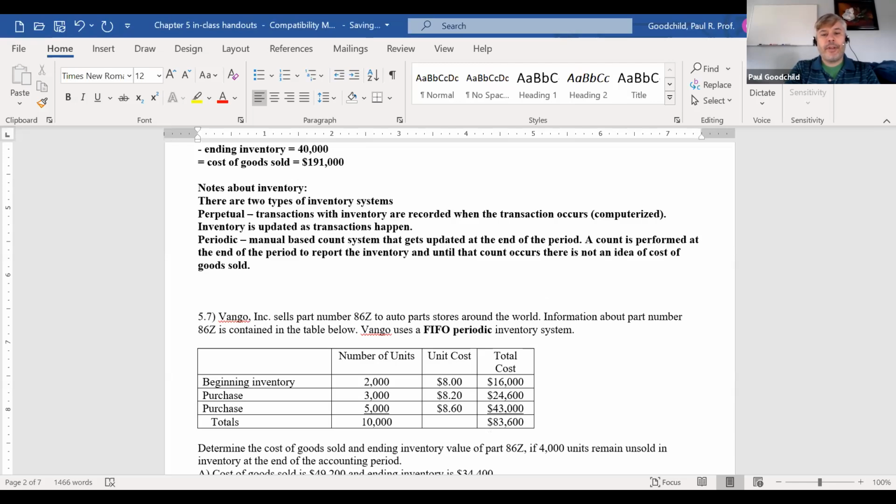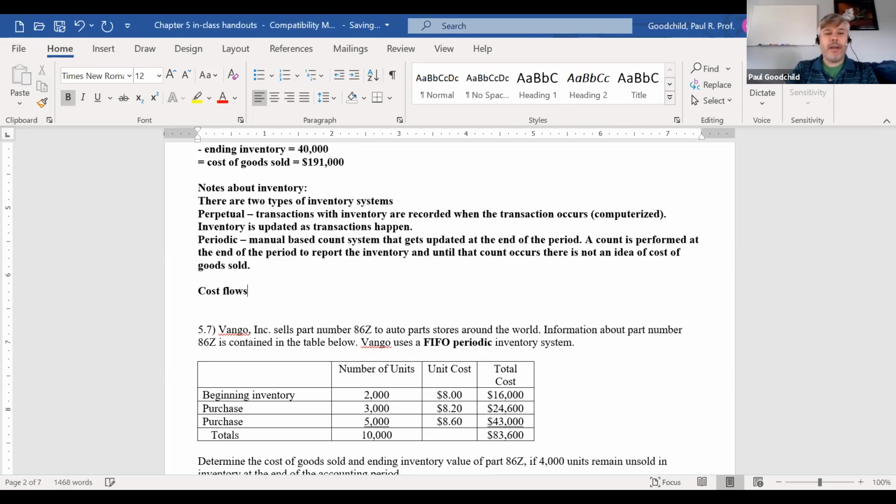And then you have kind of the recording or cost flow. And keep in mind here that these cost flows are used for accounting purposes, accounting records purposes, but not necessarily to match the actual flow of inventory.